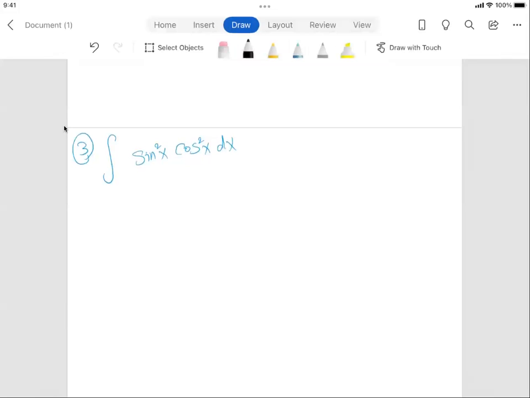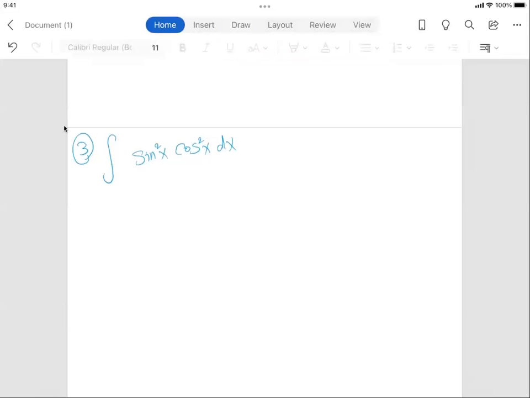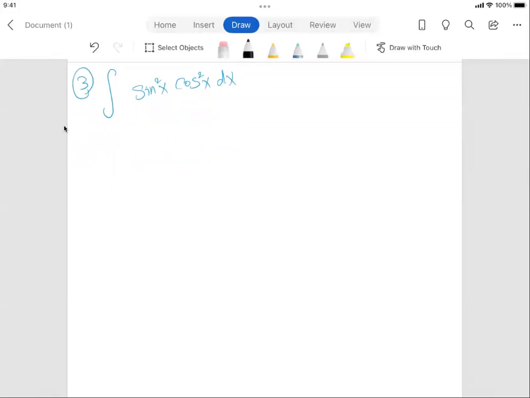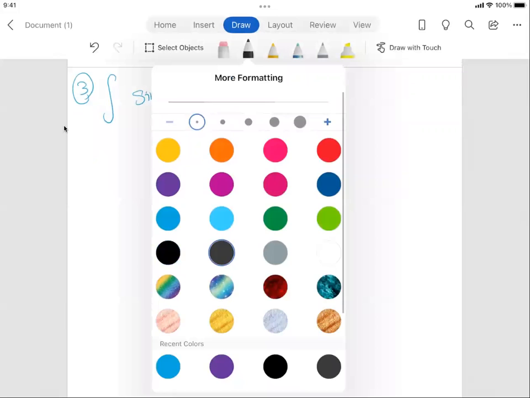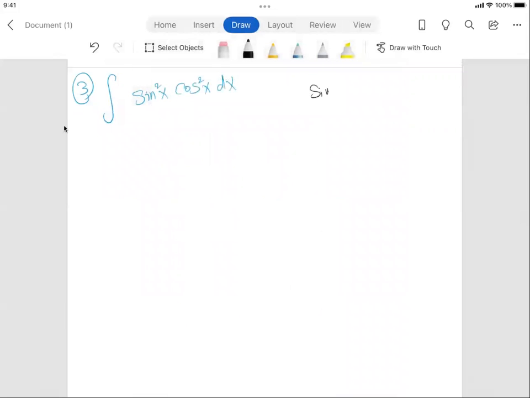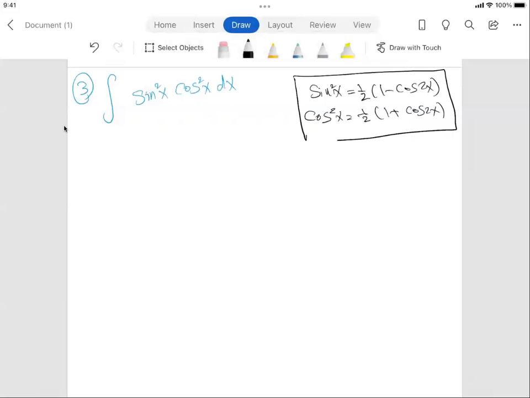So we will use the double angle formula, which is basically sine square of x equal 1/2 1 minus cosine 2x. And similarly, cosine square of x equal 1/2 1 plus cosine of 2x.